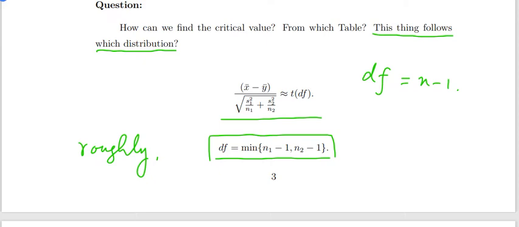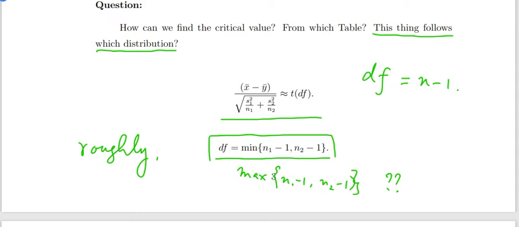So here again, we have this question: why do we pick the smaller one? Why do we not pick the largest one? Why does that not work? Why do we pick the minimum? If the sample size is big, this means good, right?